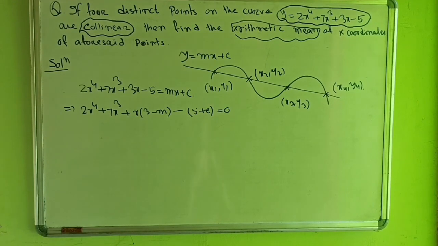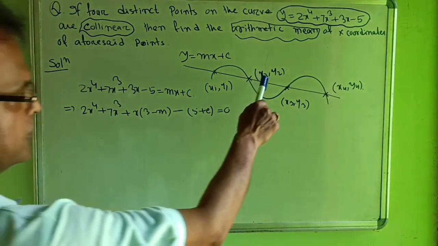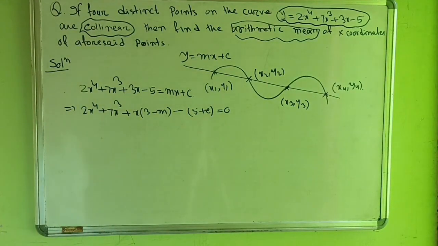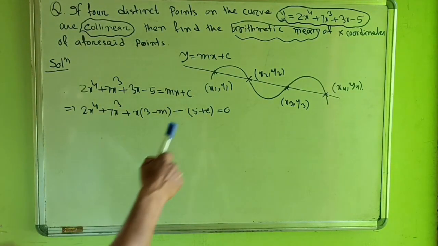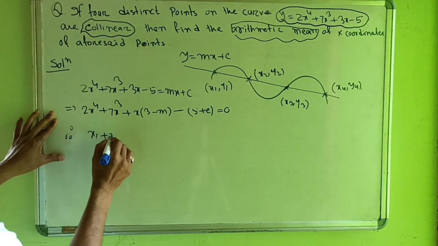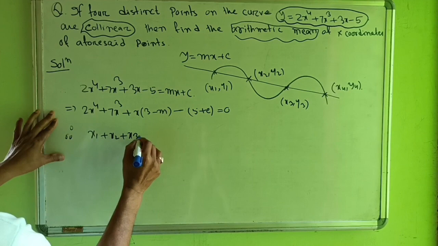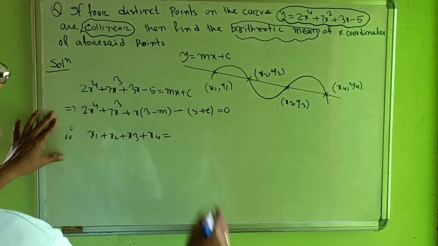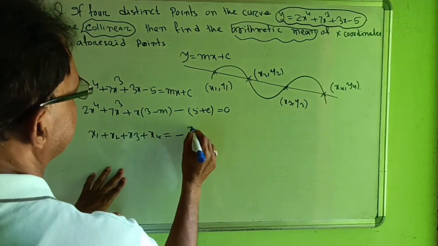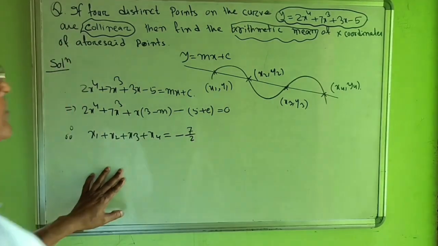This is the equation, and x1, x2, x3, x4 are the roots of this equation. Therefore the sum of the roots, x1 plus x2 plus x3 plus x4, is equal to minus b by a, which is minus 7 by 2.